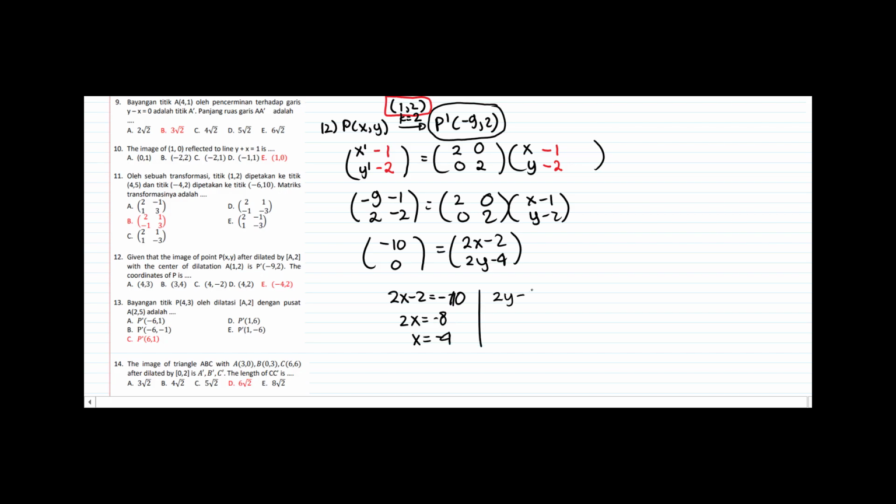For y, 2y minus 4 equals 0, 2y equals 4, y equals 2. So we have negative 4, 2, E.